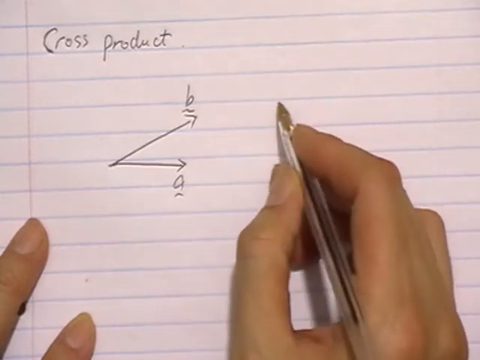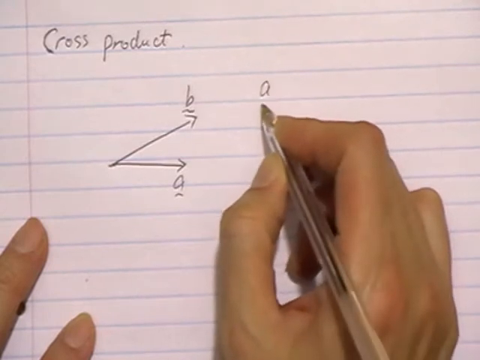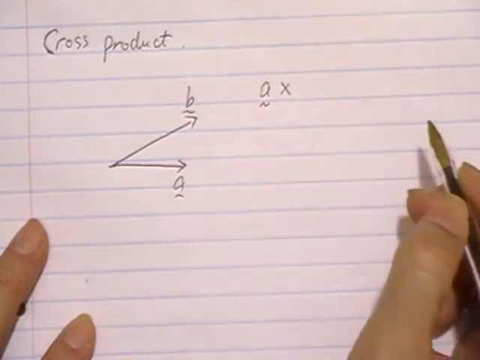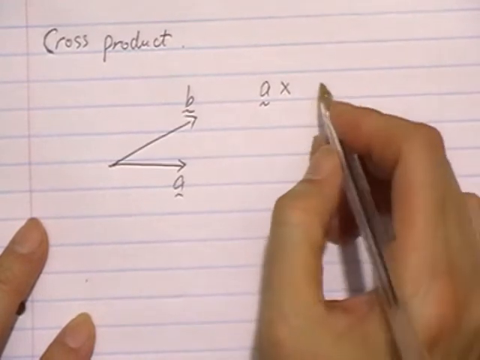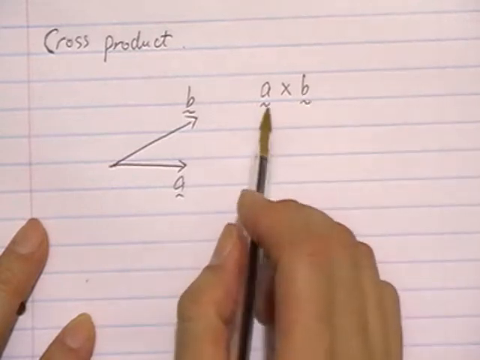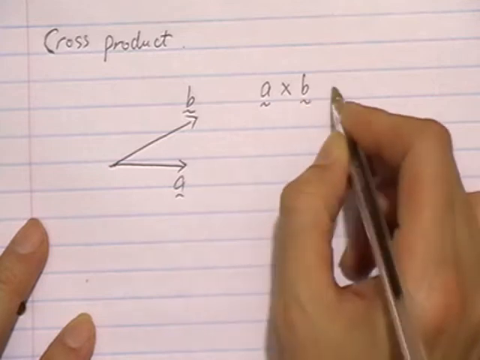Then the cross product is written in this way. It's written as the vector A with a cross which looks just like a times. That would be A cross B. That's the symbol used.